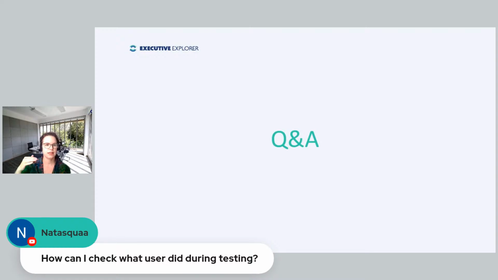I can see the list of steps which a user did during testing, and the values, and which value was selected on forms. So this place gives you the power to check this information.